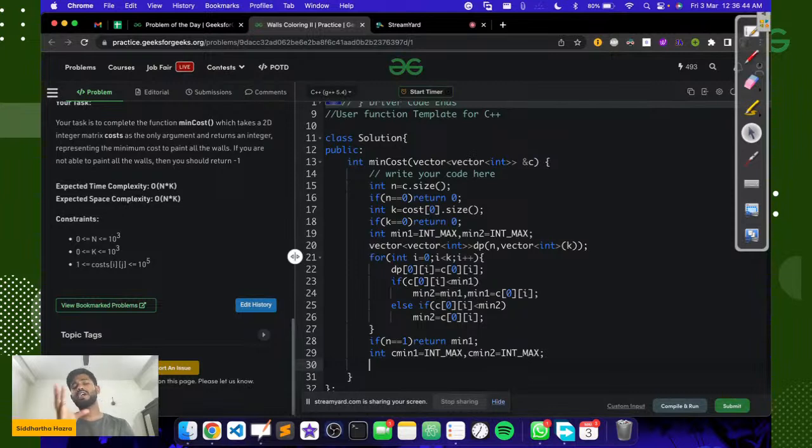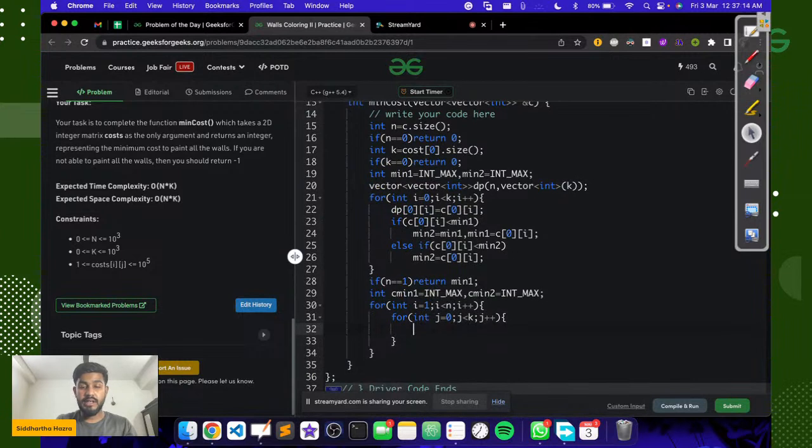This is basically the current minimum, like the global minimum and second global minimum, and this is the current minimum and current second minimum. After this thing, we would start the iteration for int i is equal to 1, i is less than n, and i plus plus. And then I would say for int j is equal to 0, j is less than k, and j plus plus.